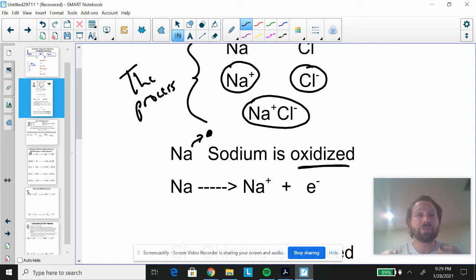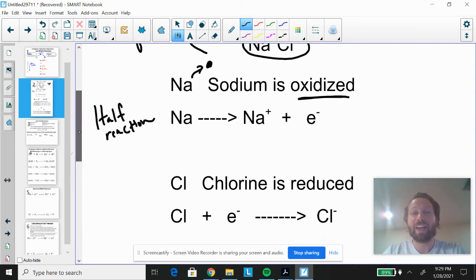So the way that we solve that problem is by taking that subtraction and moving it over to the right-hand side, and we have an electron on the right-hand side. So just remember that when you're being oxidized, you're losing an electron. The way we show that in a reaction is on the right-hand side. This is called a half reaction. It's called a half reaction because it's only one half of the redox reaction. This is just oxidation, remember.